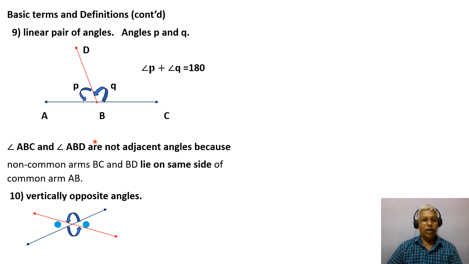Okay, these are not called adjacent angles because the non-common arms BC and BD lie on the same side of the common arm. Okay, that's an important part of the definition of adjacent angles. If these two non-common arms lie on the same side of the common arm, then these angles, that is ABC and ABD, are not adjacent angles.